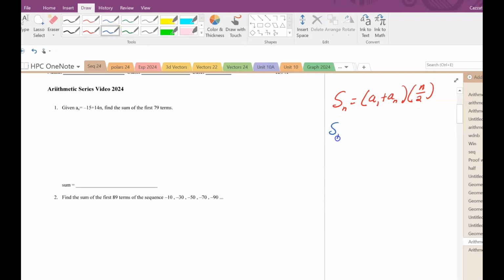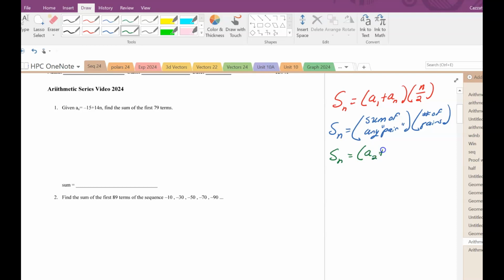We developed it. The sum of the numbers is the sum of any pair times the number of pairs. And just for clarity, what we mean by the sum of any pair is it doesn't have to be a1 and a sub n.